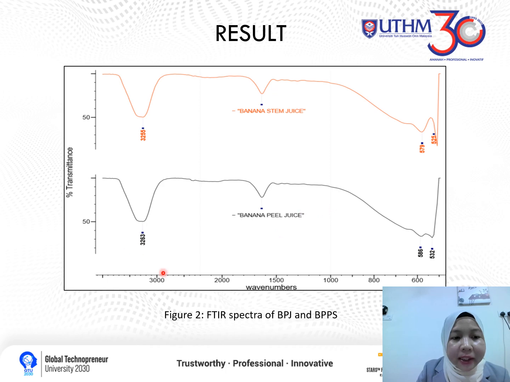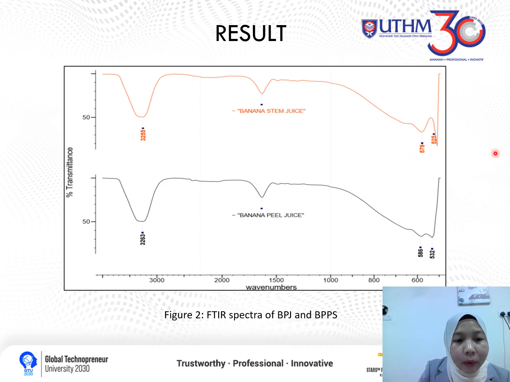The stretching bands around 1645 in BPPS and BPJ are ascribed to the asymmetric stretching of the carboxylic COO- of the deprotonated carboxylic functional group. The deprotonated carboxylic becomes negatively charged, thus increasing the availability of binding sites for positively charged compounds.